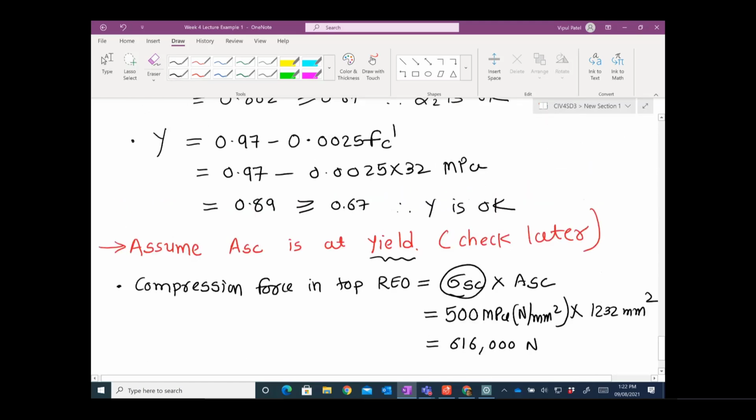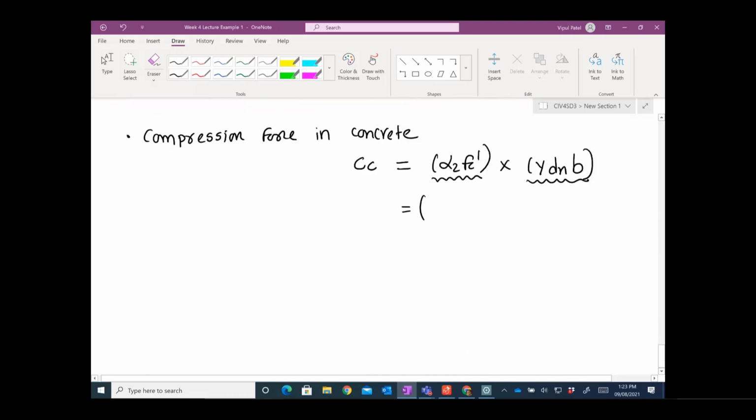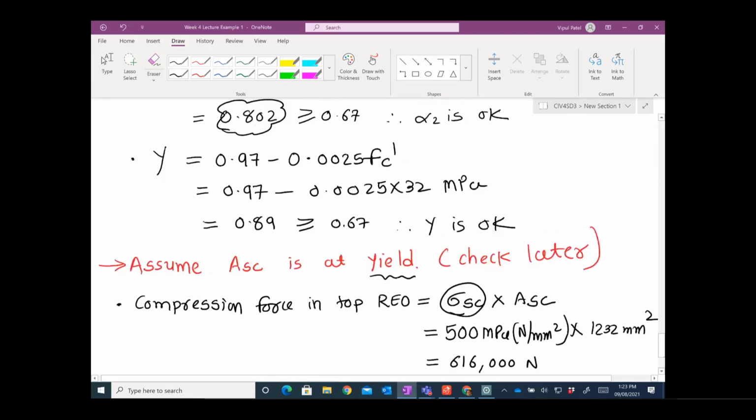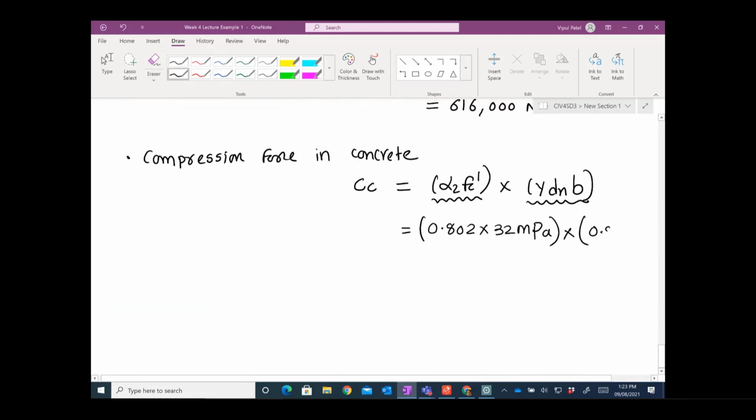So alpha 2 was 0.802, 32 megapascals concrete strength. The gamma value we get is 0.89. dn we need to find.